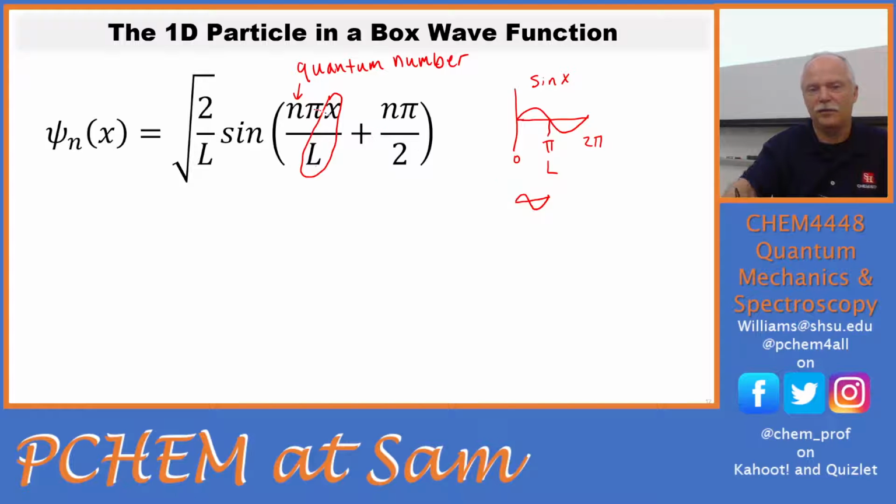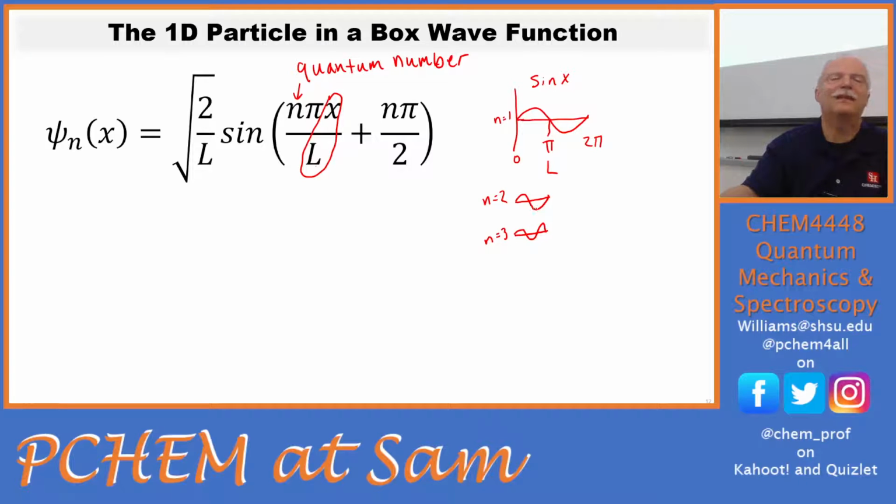And then if it's this 3, then we go from 0 to 3 pi. And so as we change our quantum number, this is n equals 1, this is n equals 2, this is n equals 3. And if we plot these 0 to L, then we have our 3 little wave functions.